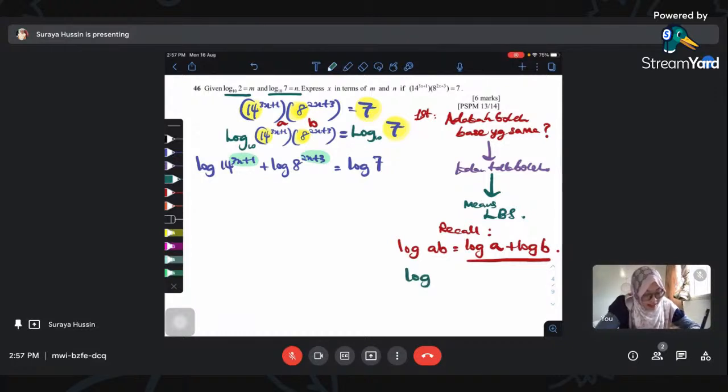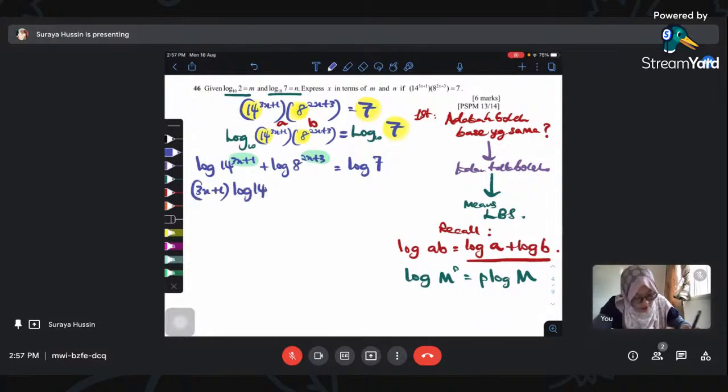Log M to the power of P. P bring down, log M copy back. So 3x plus 1 bring down, and then log 14 plus 2x plus 3 times log 8 equals to log 7.